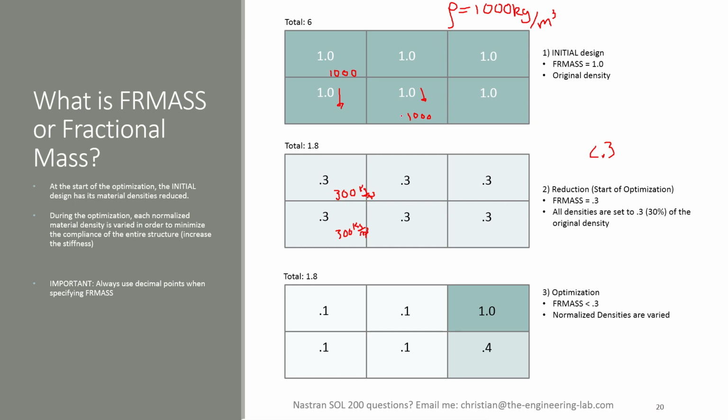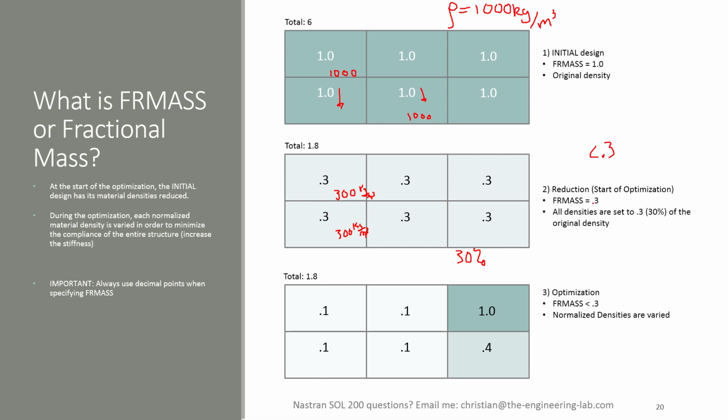So here, what you notice is that if all the densities are reduced to 0.3, then the total mass is 30% of the original. So that's what fractional mass is: how much reduction at the beginning should be performed. And throughout the optimization, what mass reduction should be preserved.